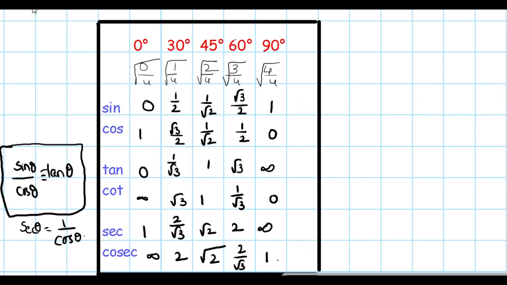The next thing that we are going to learn is complementary angles. What are complementary angles? If the sum of two angles is 90 degrees, then each of the angles is called a complementary angle. In this case, angle A and angle B are said to be complementary angles.